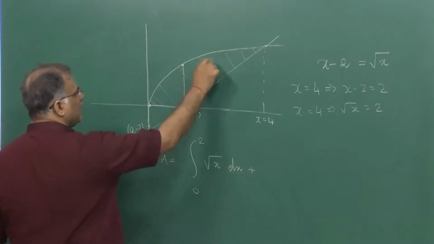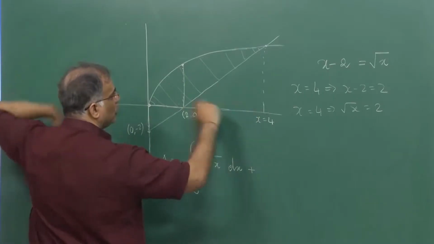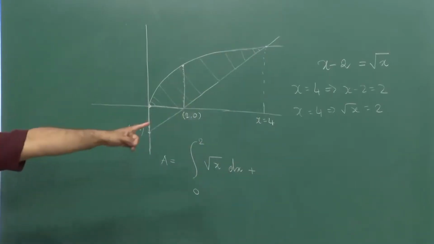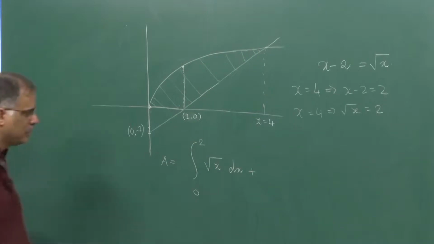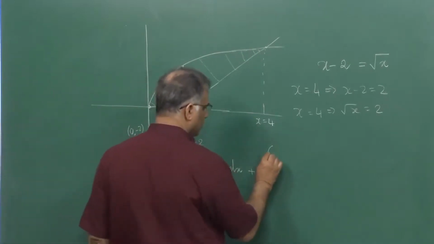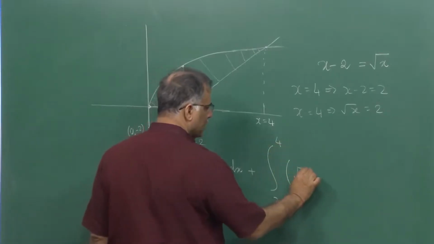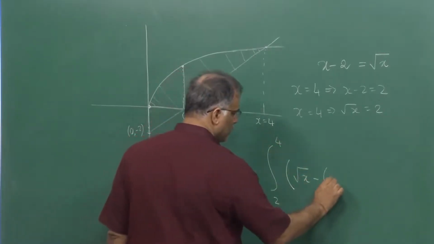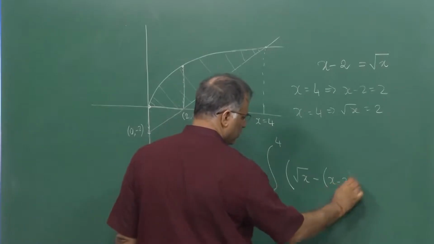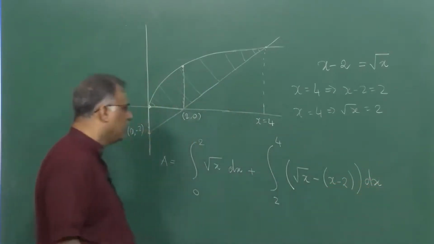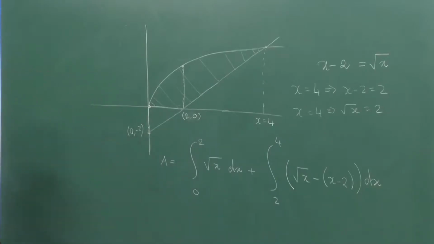And then add the area from 2 to 4, where root x is bigger than y equal to x minus 2. So between 2 and 4, you will do root x minus (x minus 2). That will be the way to compute it.